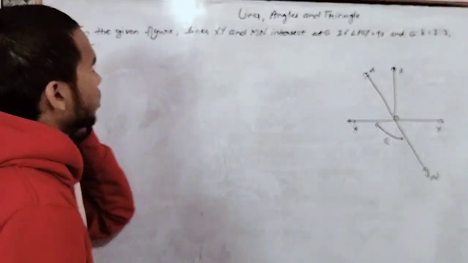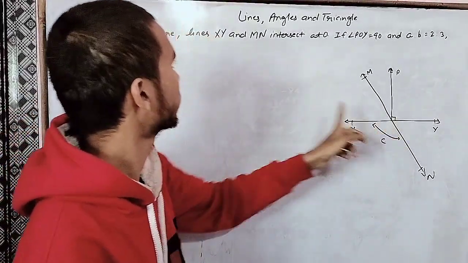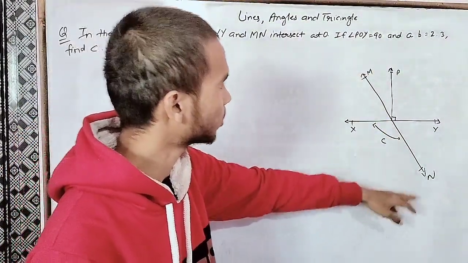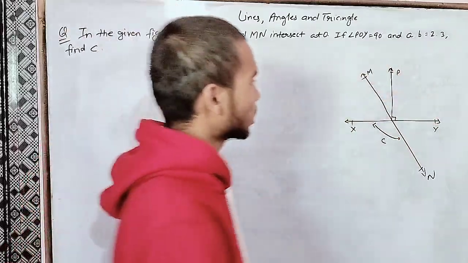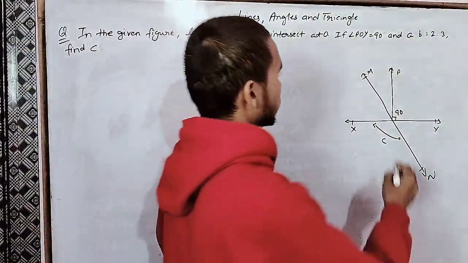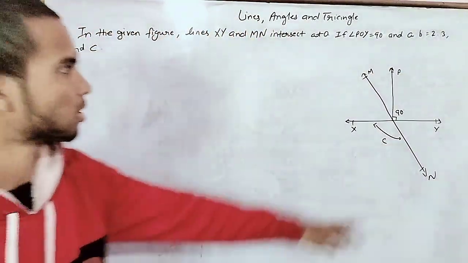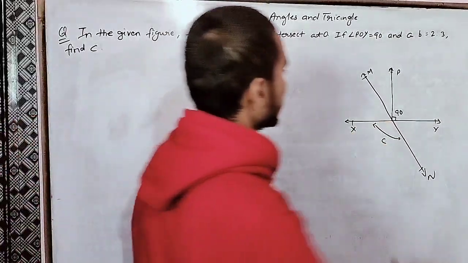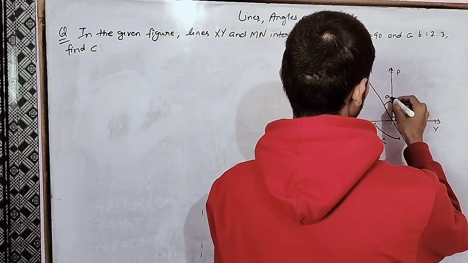This is the question. Lines AM and XY intersect at O. If angle POY is 90 degrees, already we know this diagram has a 90 degree angle. Okay, AB. So here we have AB. Of course, this is A and this is B. This is A and this is B.